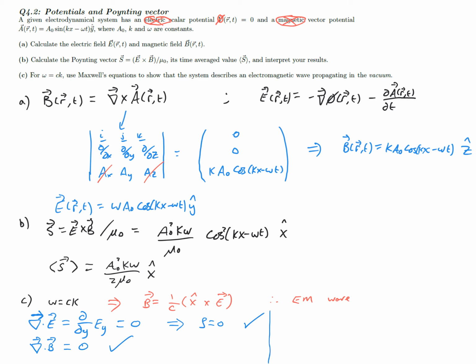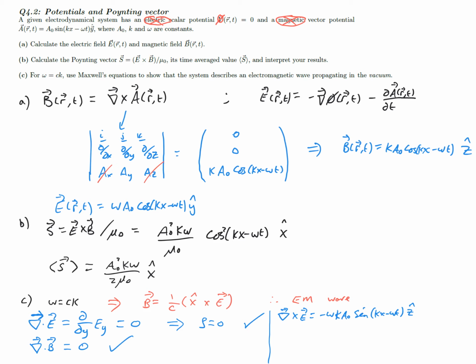What about the other two Maxwell's equations? Let's have a look at the curl of the electric field. This is going to be minus omega k a naught sine of kx minus omega t in the z direction.